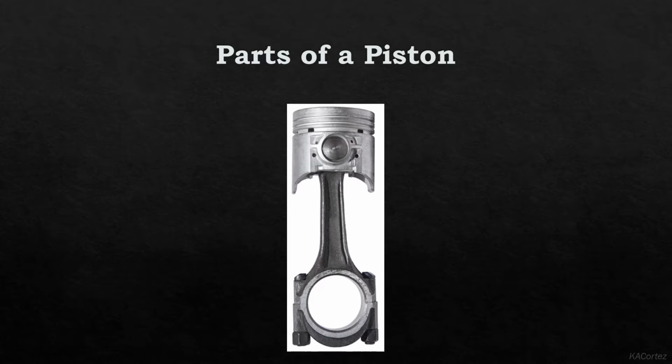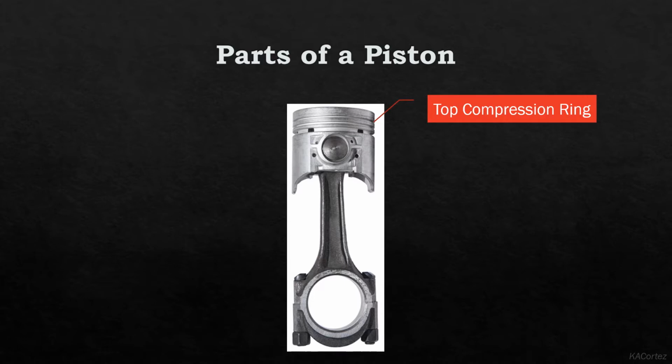It serves as a seal in the combustion chamber, so that there is a minimal loss of gases to the crankcase. Also the ring grooves. This cuts into the piston's outside diameter to hold a set of piston rings. As many as 6 grooves may be machined around the piston.